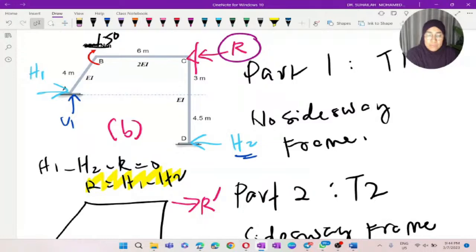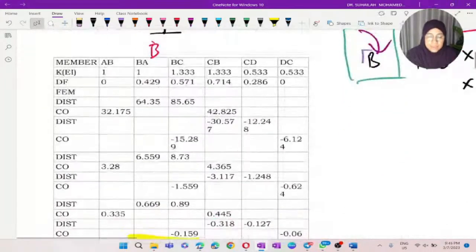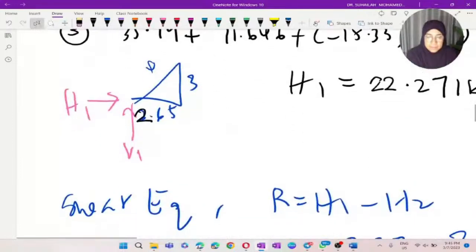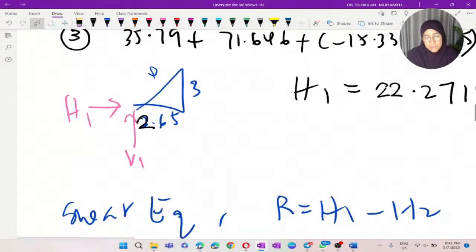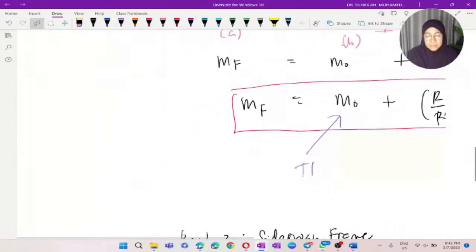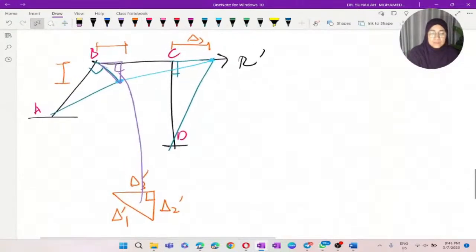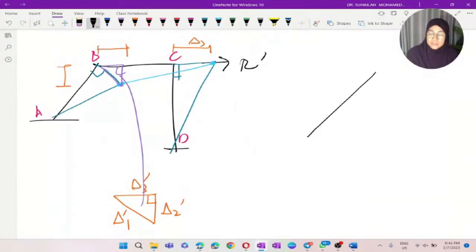From the length of member AB and the vertical distance, we get this is 4 and 3, 2.65. Looking at the original like this, 90 degree, so this is the triangle.